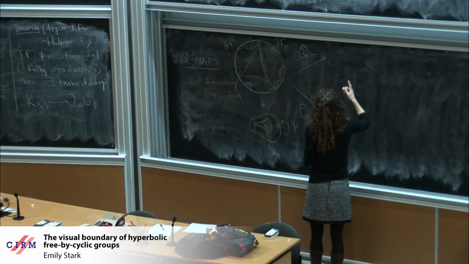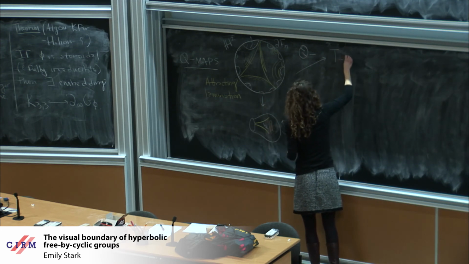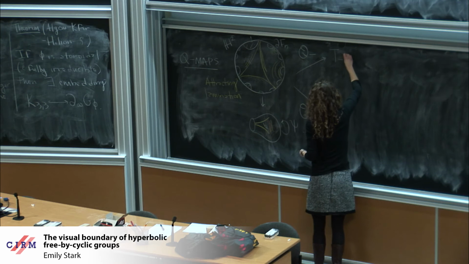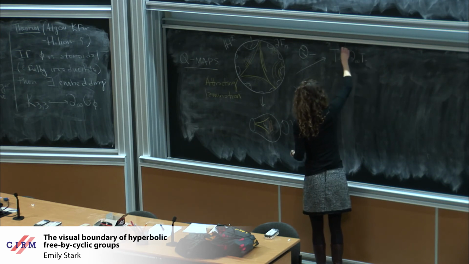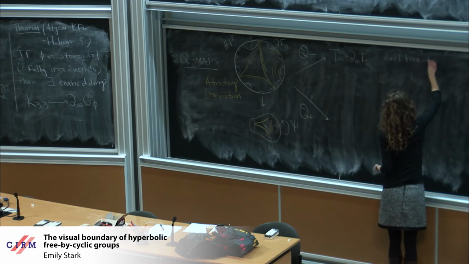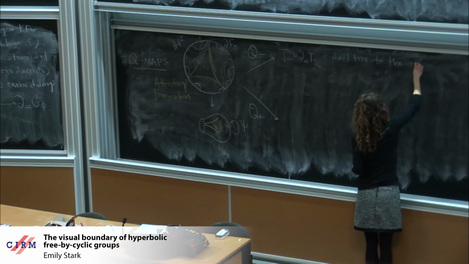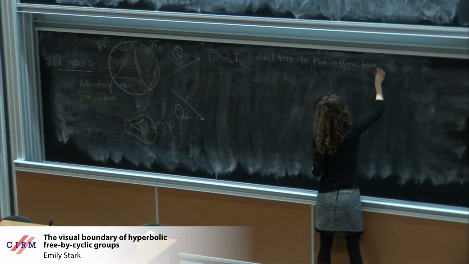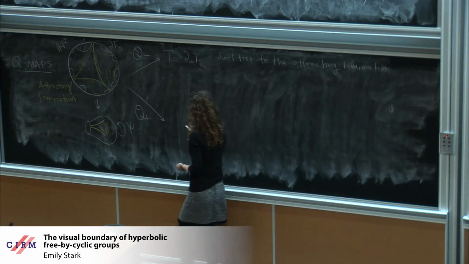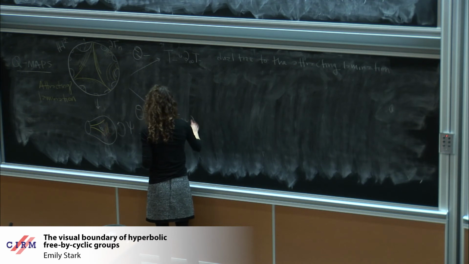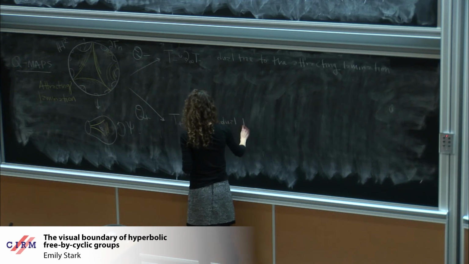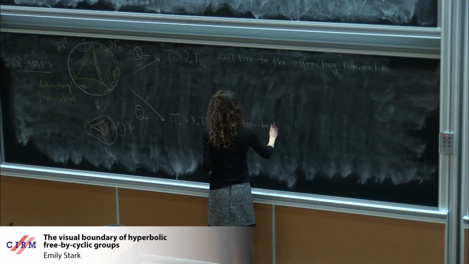So in this case, the trees T plus and T minus have a nice description. The tree T minus is the dual tree to the attracting lamination. And the tree T plus is the dual tree to the repelling lamination.